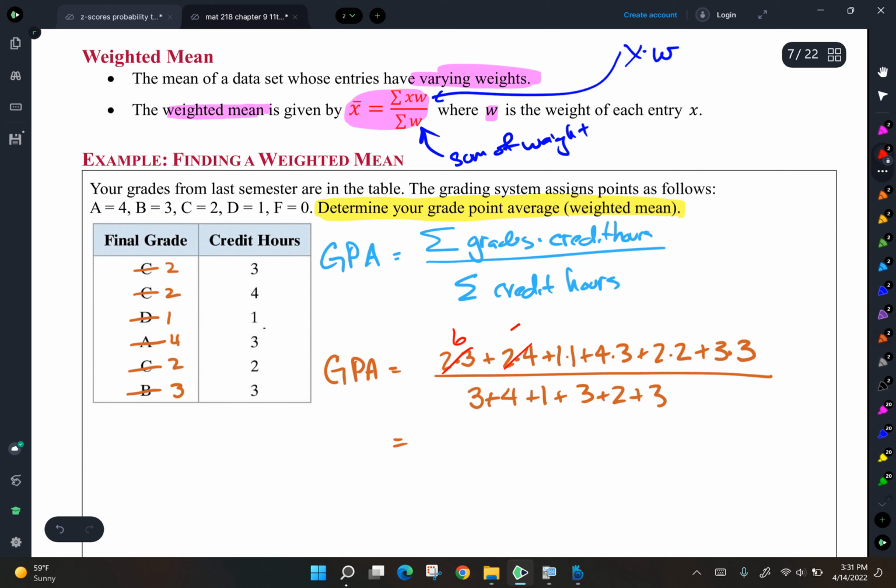That's 6, that's 8, that's 1, that's 12, that's 4, that's 9. 9 and 1 is 10, 12 and 8 is 20, 6 and 4 is 10, so it looks like we're looking at 40 in our numerator, over, let's see, 3 and 3 is 6 and 4 is 10, and then 2 and 1 and 3 is 6, so 16 in my denominator.